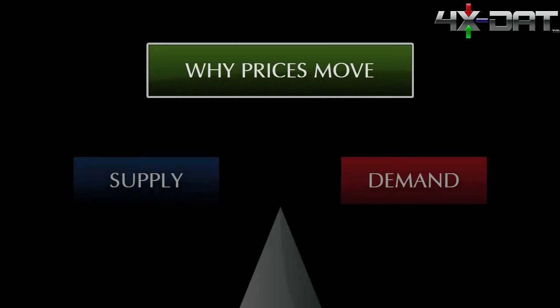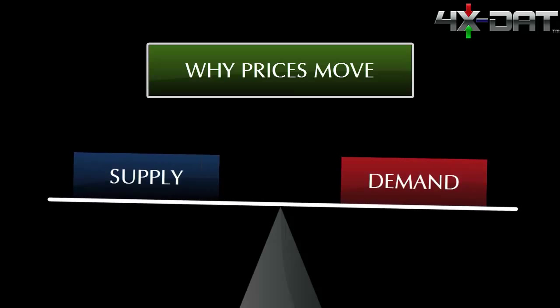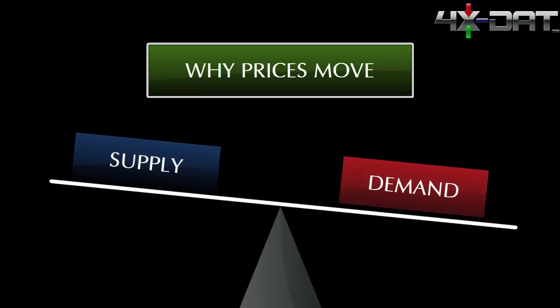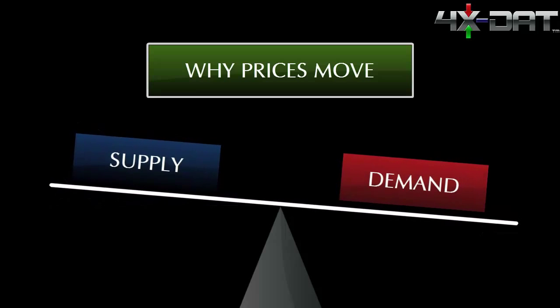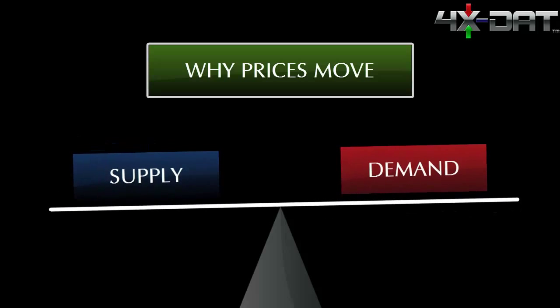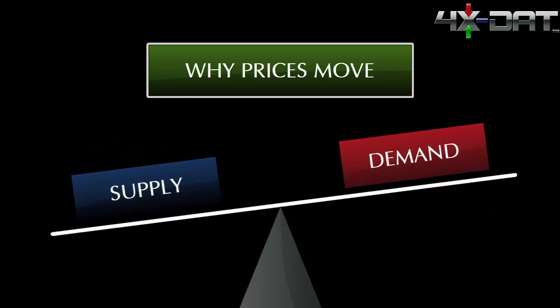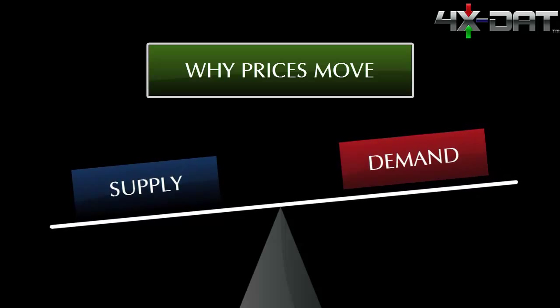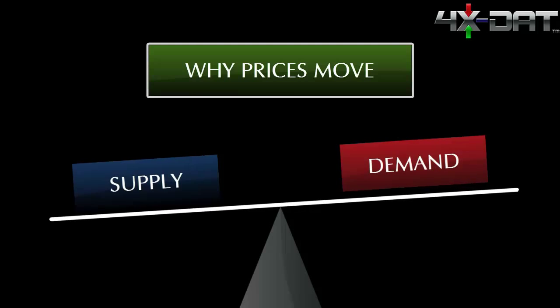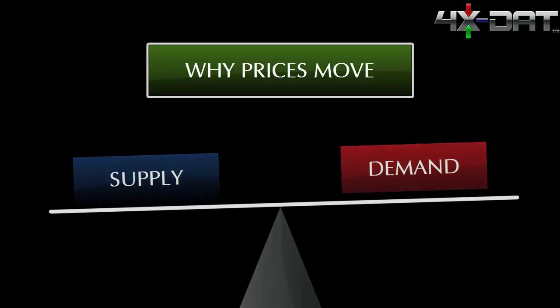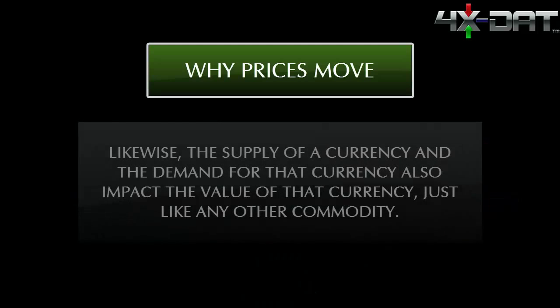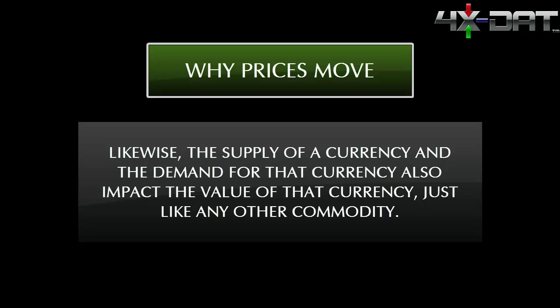Now, you may be wondering why currency prices move. The underlying cause of a price movement in any market is typically based in the fundamentals of that market. So, for many markets, the focus is on supply and demand, as free market forces determine what is considered to be either expensive or cheap, depending upon how much of the item is available and how badly someone wants to buy or sell it. Forex markets are no different than any other market in this regard, because the supply of a currency and the demand for it are certainly a concern when determining a value for a currency.